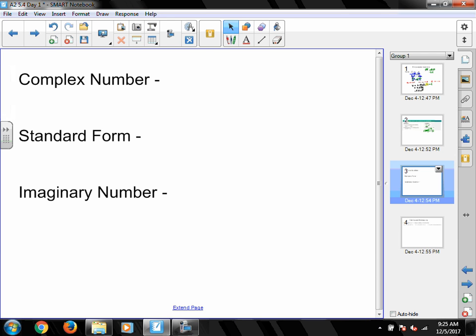Some definitions for you. We have what we call a complex number.